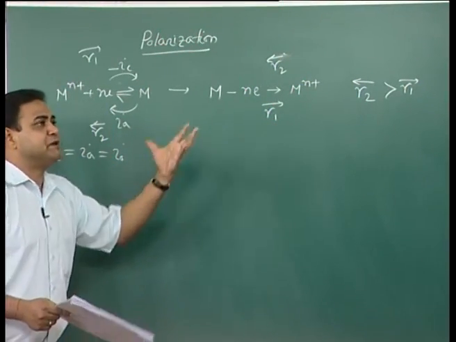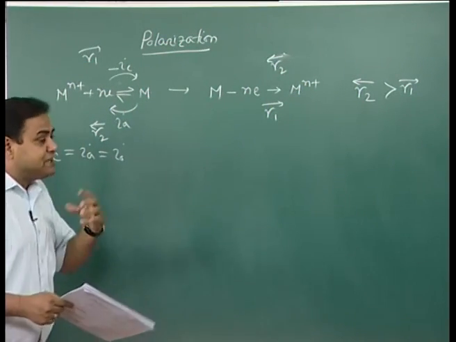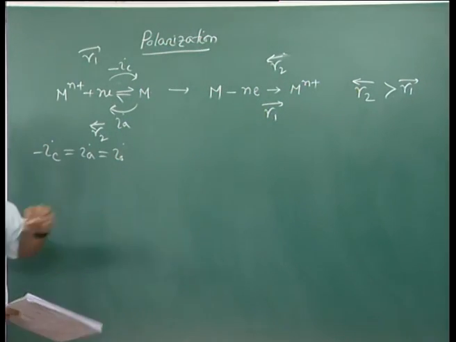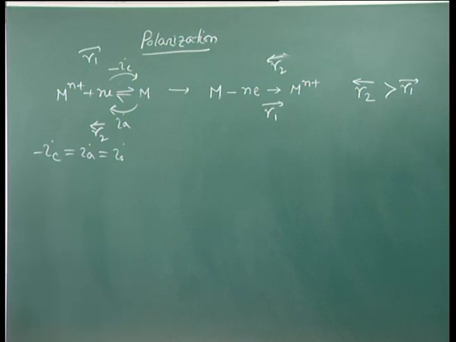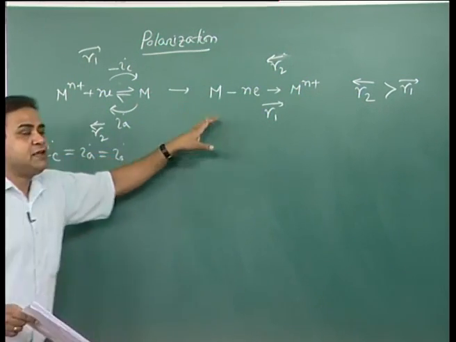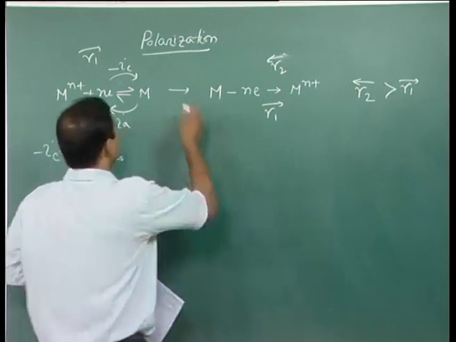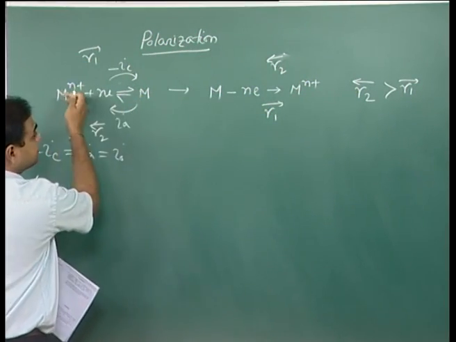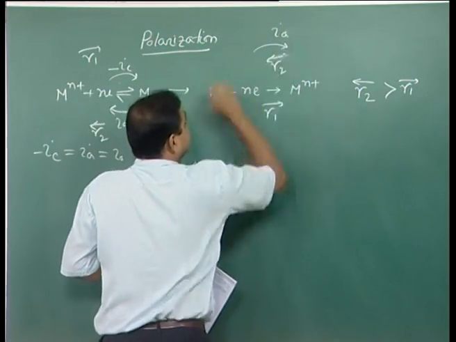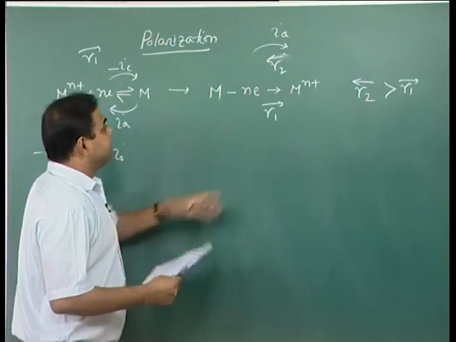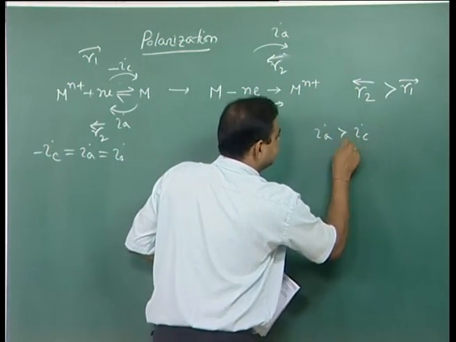So, you have a net metal ion formation, and for the net metal ion formation you have to take the charge or the electron from the metal at a faster rate. So, the corresponding current is nothing but IA, and it means that IA should be greater than IC.